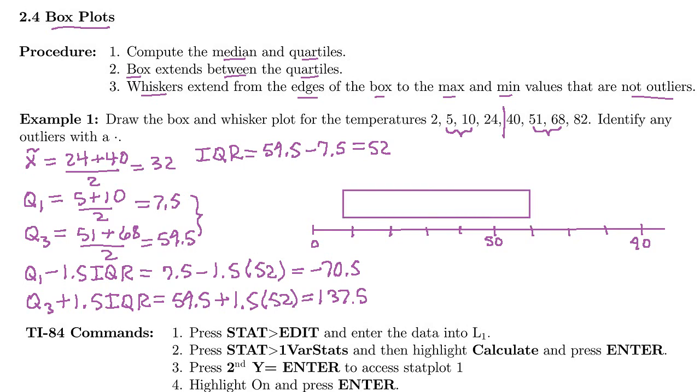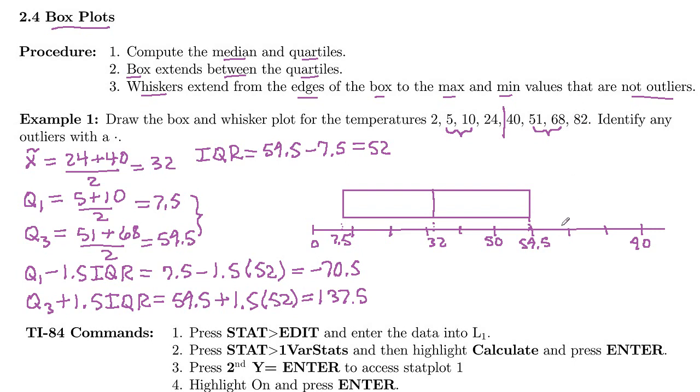So there's our box. And this is 7.5 here. And then this is the 59.5 here. We're going to mark off our median, which is 32. So 10, 20, 32, about right here. And then our whisker is going to go from the 59.5 up to the max of 82.